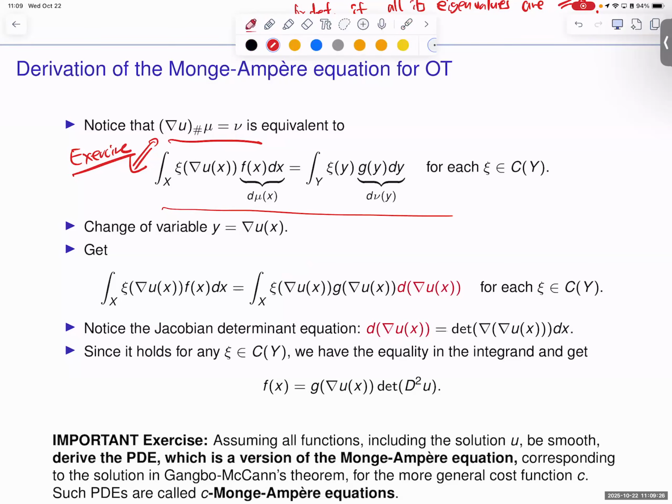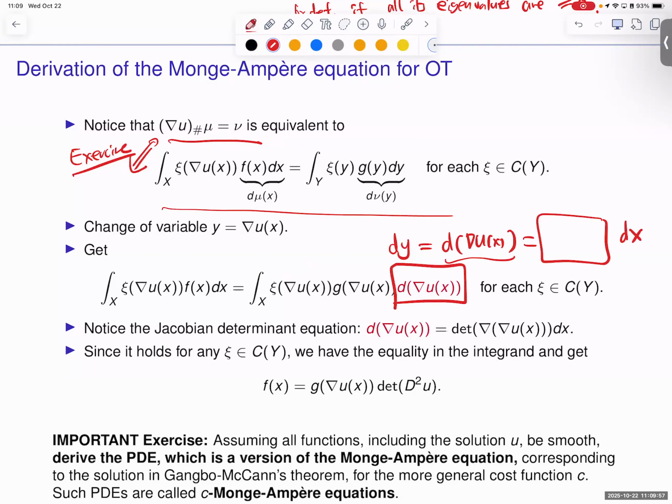But then this change of variable of dy, which is d of gradient of u at x, is now a measure with respect to the x variable. Then what should be the density? That density is what you learned in multivariable calculus: nothing but the Jacobian determinant.